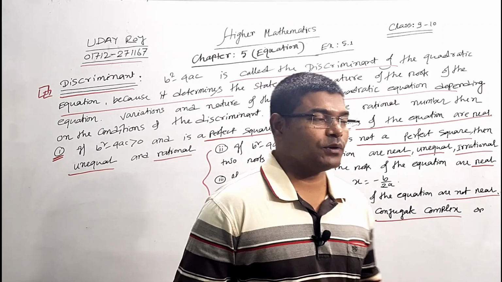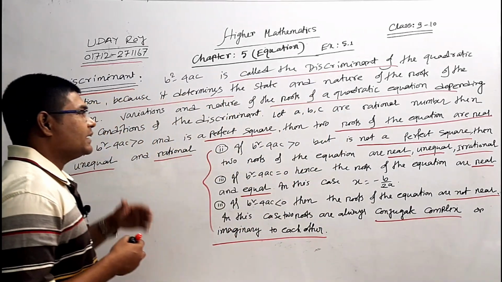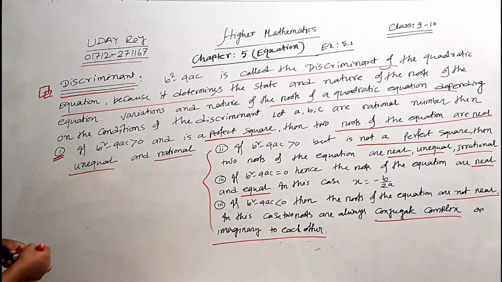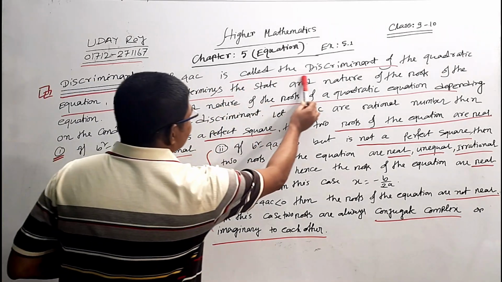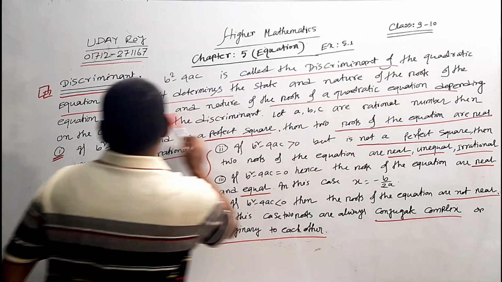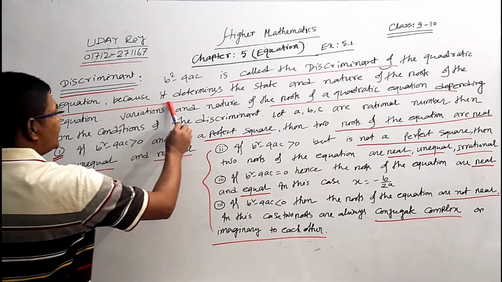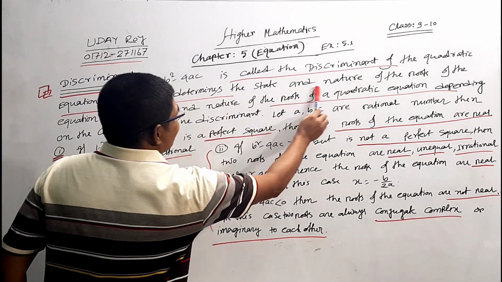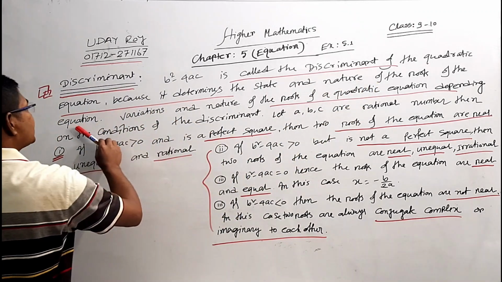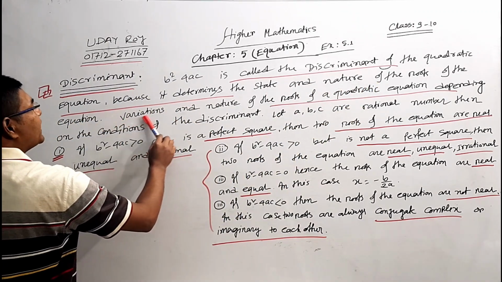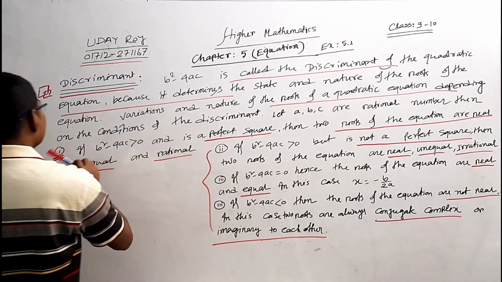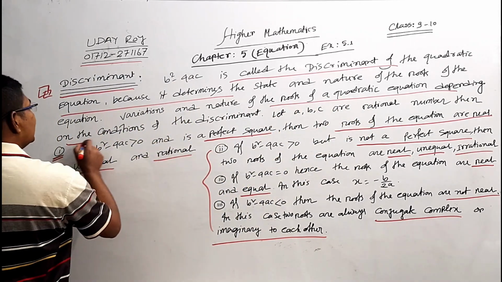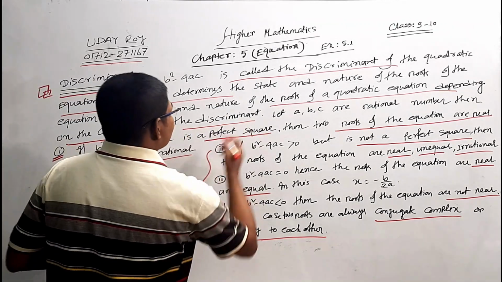Let's come back to the board. You can see the definition of discriminant. b square minus 4ac is called the discriminant of the quadratic equation because it determines the state and nature of the roots of the equation. The nature of the roots of the quadratic equation varies depending on the conditions of the discriminant.